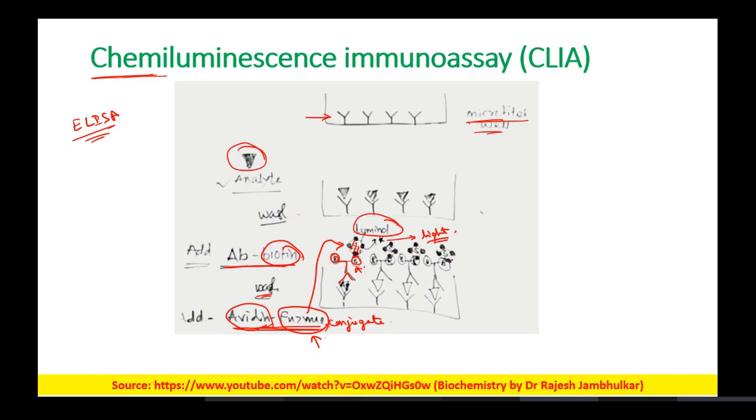Now if you see what is happening, it depends upon the concentration of the analyte. If you have a smaller number of analytes, you will have a lower amount of light. However, if you have a higher number of analytes, you can have higher light intensity.